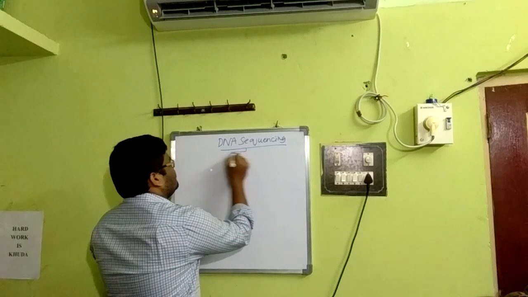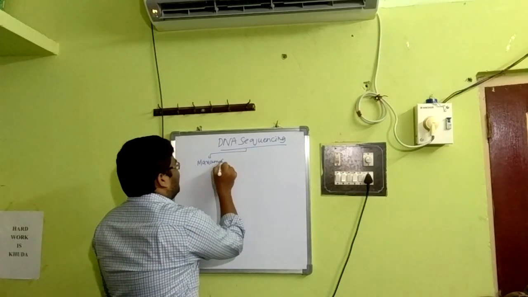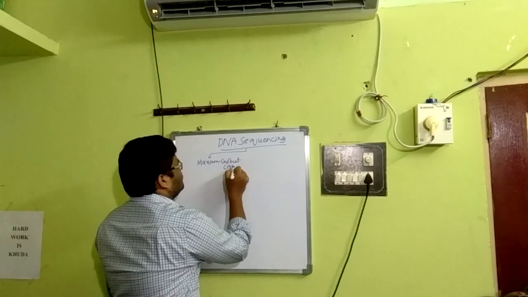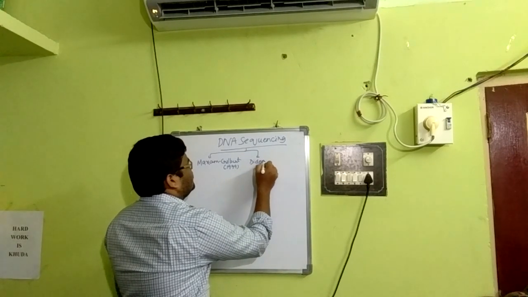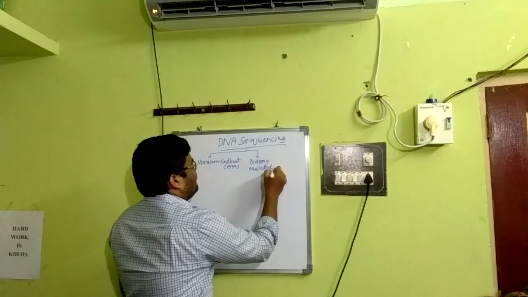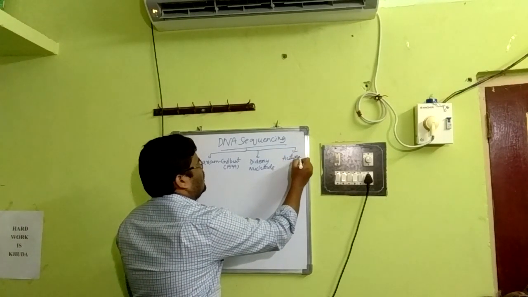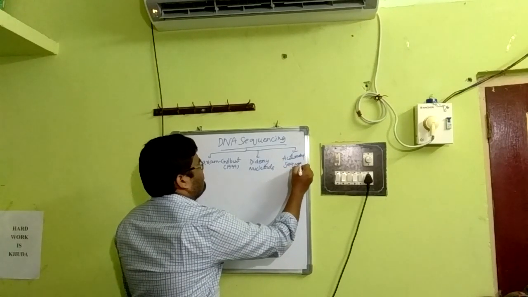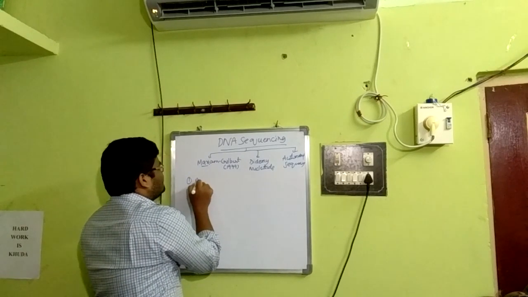Maxam Gilbert, dideoxynucleotide, then automated DNA sequencing. The first one, Maxam Gilbert.